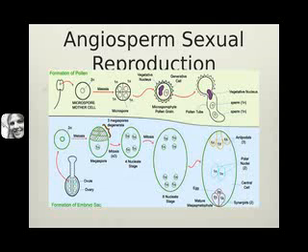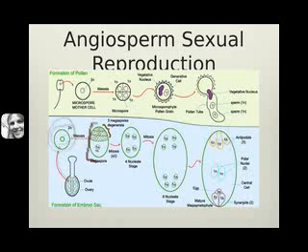We said that in the ovule, there is a megaspore mother cell, or a megasporocyte. That would be represented by this cell here. This will undergo meiosis to produce 4 haploid, 1N or N, megaspores.